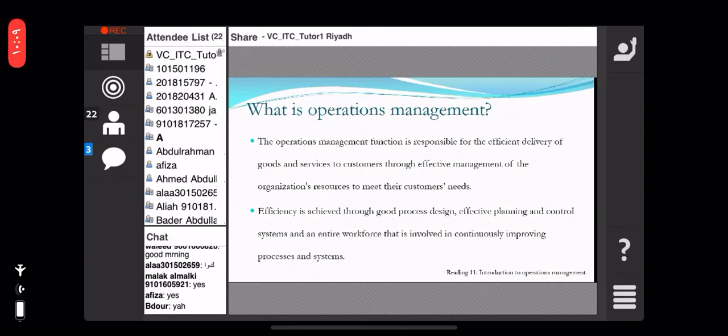Efficient delivery of goods and services to customers through what? Through effective management of the organization, utilizing the organizational resources to meet the customer needs. Whatever the customers are looking for, use the organization's resources to meet the customers' needs.